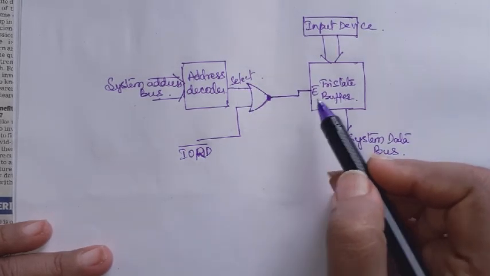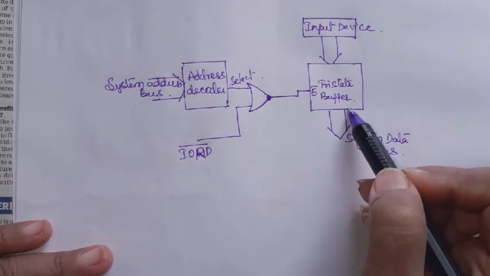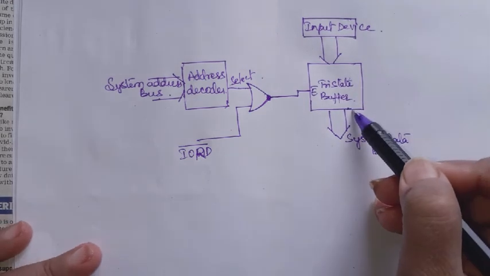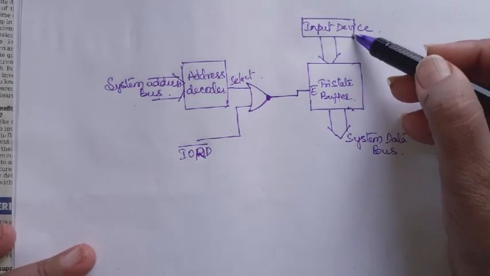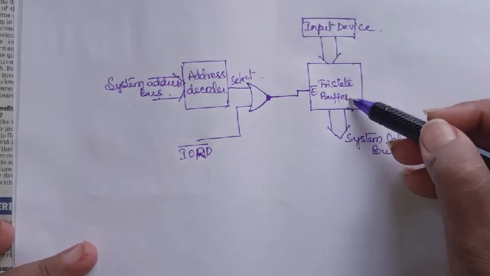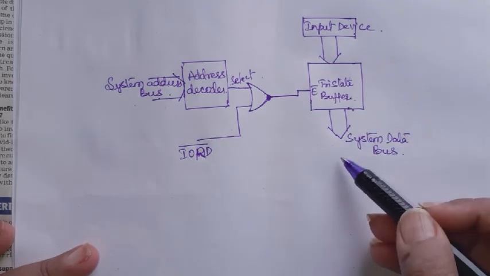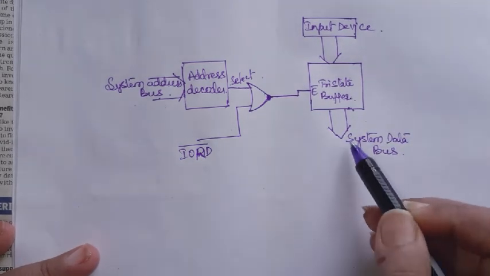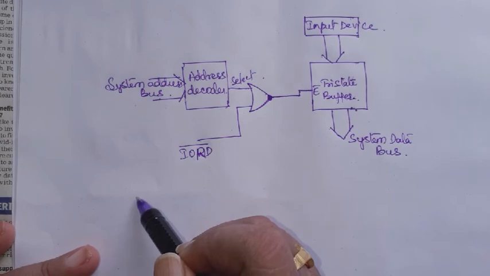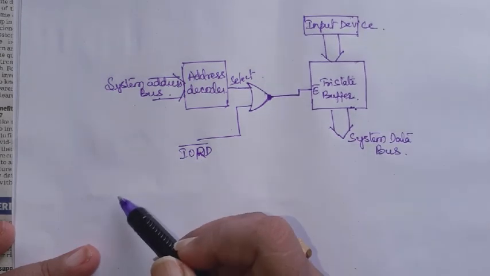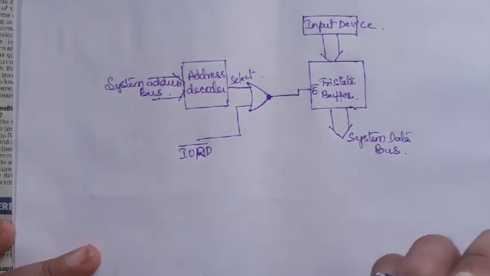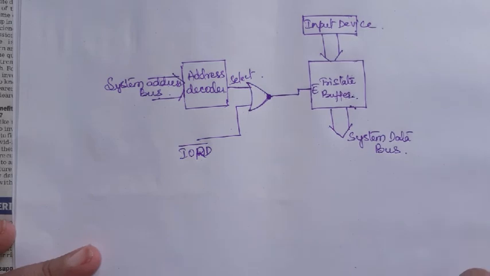Both are decoded to select the tri-state buffer. Once the tri-state buffer is selected, whatever is there at the input of this tri-state buffer will be placed on the data bus, which is received by the processor and read to either AL register or AX register.